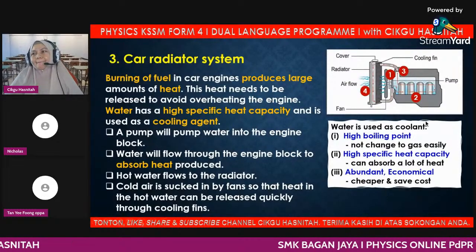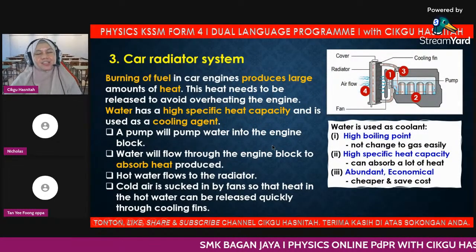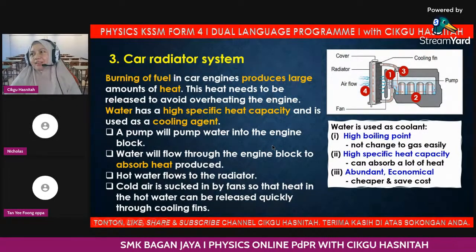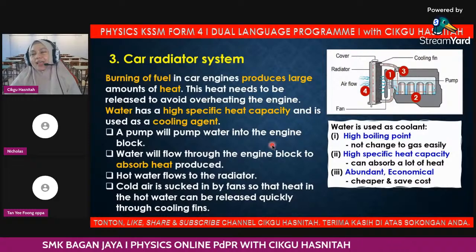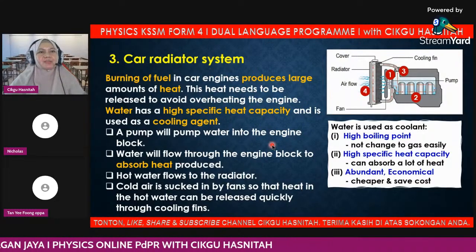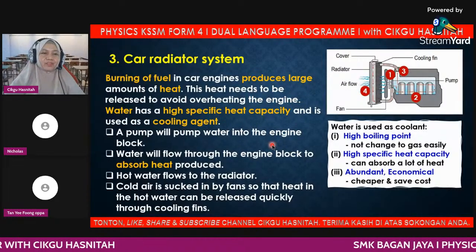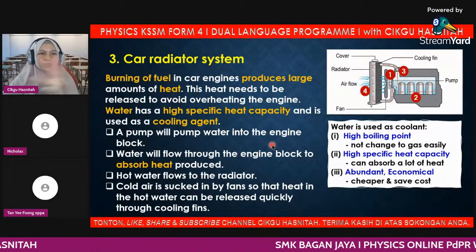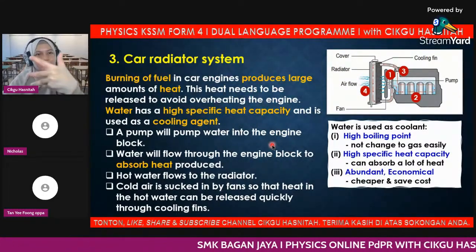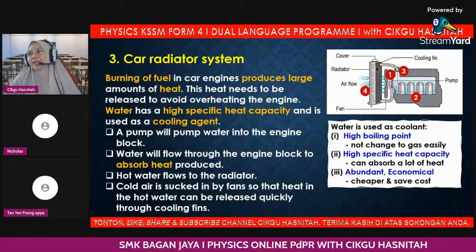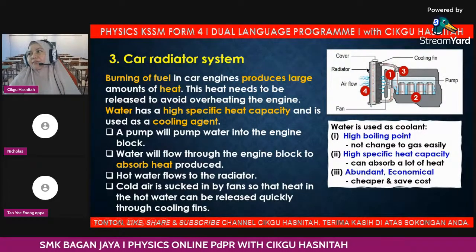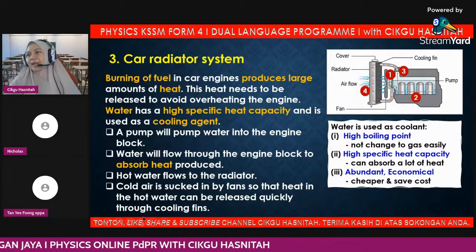Okay, how does the air become cold? The air is from outside of the car, from the surroundings. It will be sucked in by the cooling fan at the radiator. Here we have a fin and a cooling fan. You can see the cooling fan there.